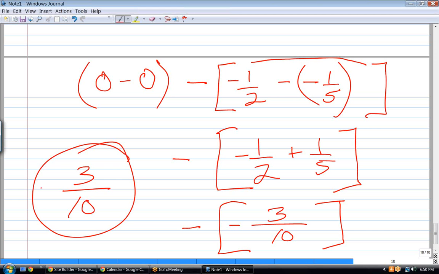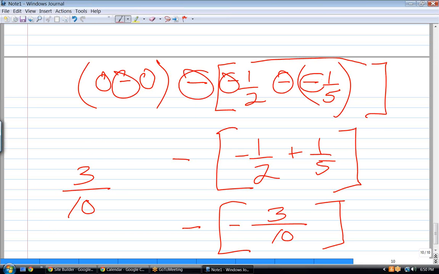If somehow I came up with minus 3/10, I wouldn't start all over again. I would just say it's plus 3/10. That's not always going to work, but that'll work on most of the ones you're doing. It's better to obviously keep track of your negative signs, but notice how many we have. 1, 2, 3, 4, 5.